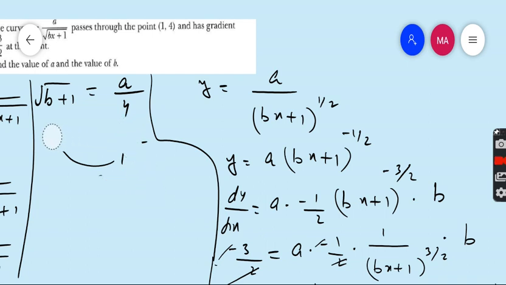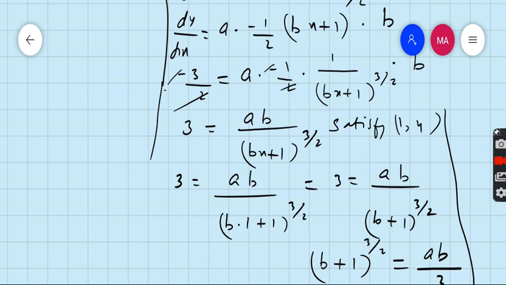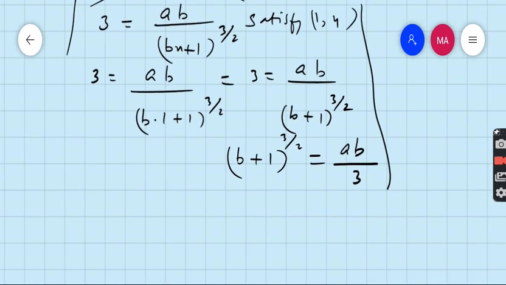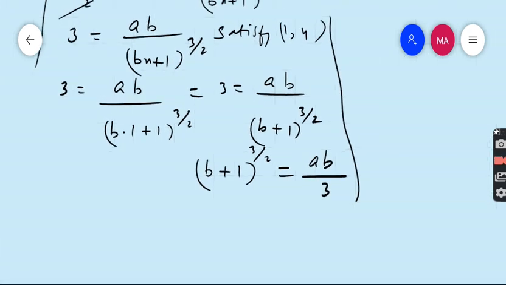I am not doing more. I am assigning the name of this equation as equation number 1. So equation number 1 is root b plus 1 is equal to a upon 4. This is equation number 1.